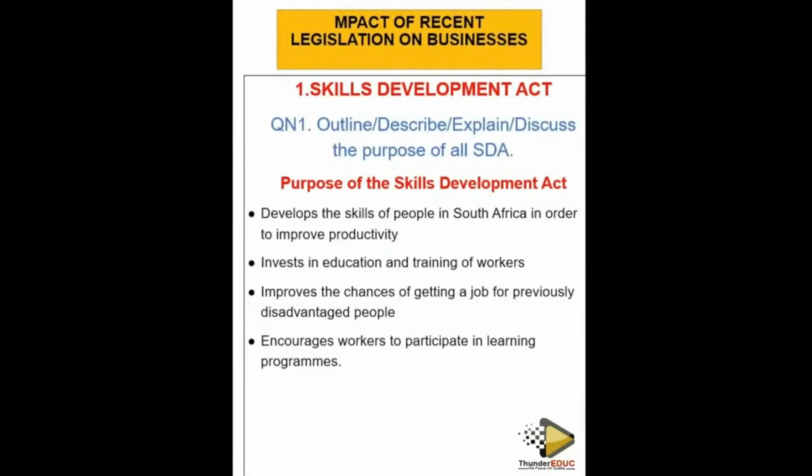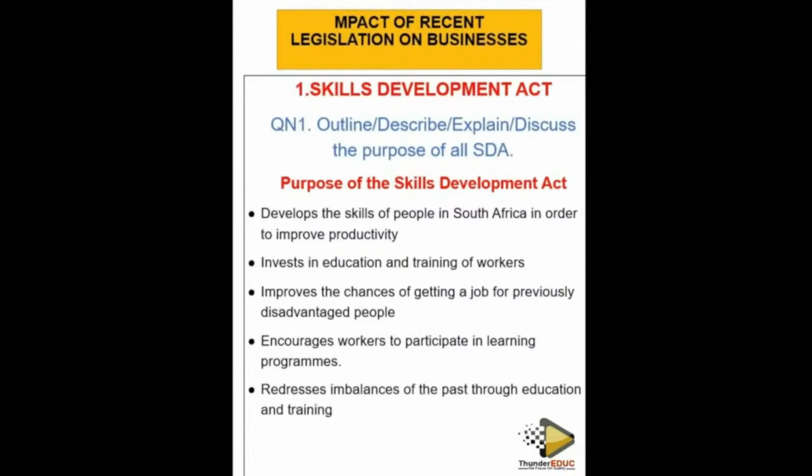So now it gives them the insight, training. They don't pay anything. The company is the one that has to contribute 1% of its profits towards the SETA. But we shall go into details when we get to how SETA is actually being funded.